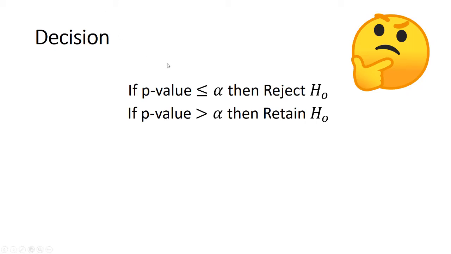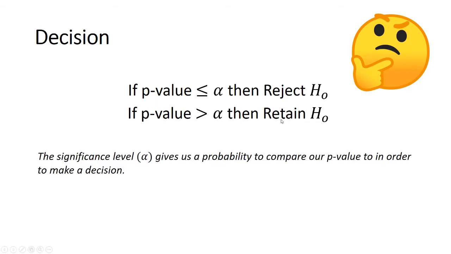So if our probability value in our problem that comes up as a result of what our data produces is less than the given level of unusual, we reject. Otherwise, we retain. So it really does give us something to compare to, something to make a strict decision on whether to retain or reject.